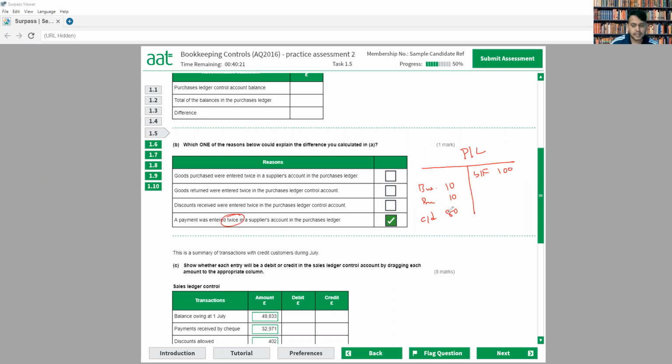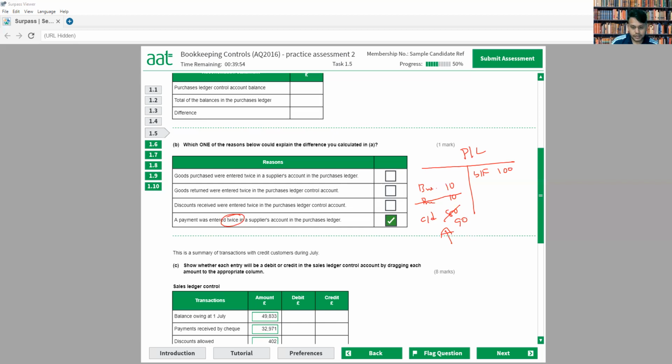So basically it was only one payment, but by mistake I wrote it twice. So if I remove one, my new balance c/d will be 90. That means if I correct that mistake, my balance c/d will go up, and it will be equal after. So this is the possible reason. But as I said, if you need to understand more, you can watch the other video I have that will help you understand everything about how to find the reason.